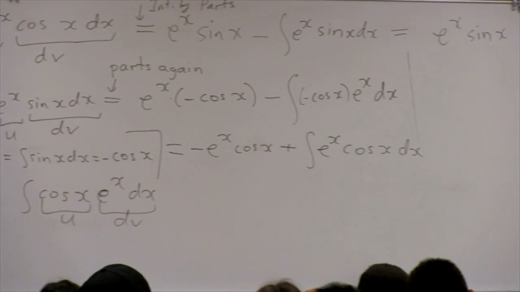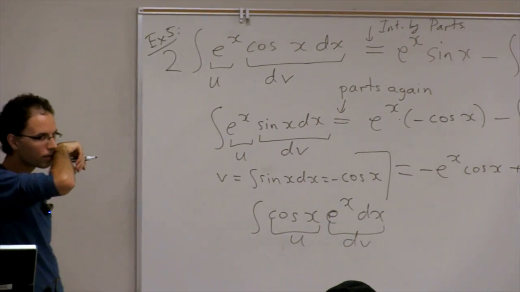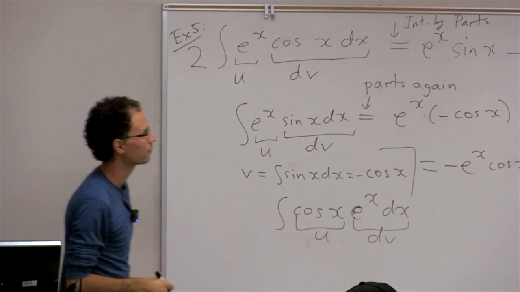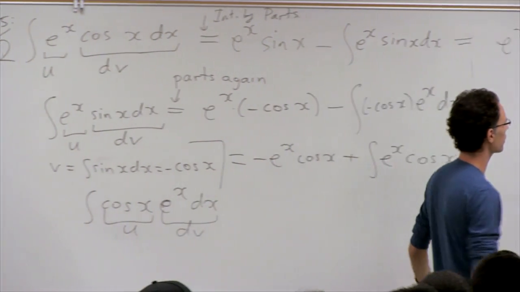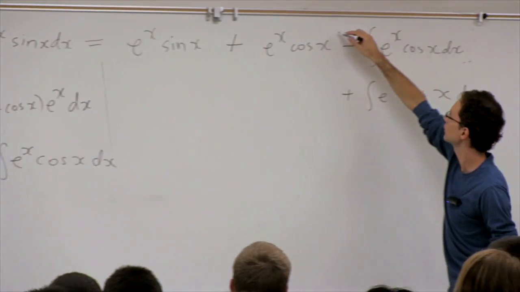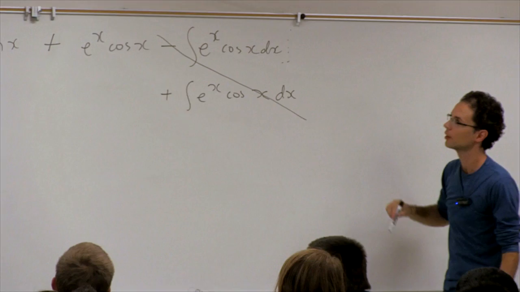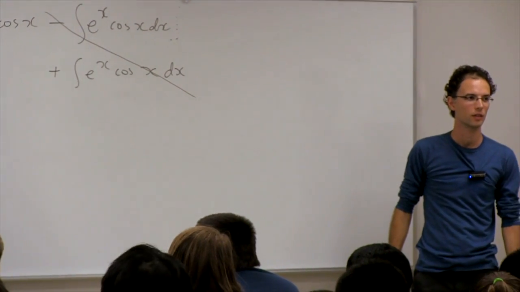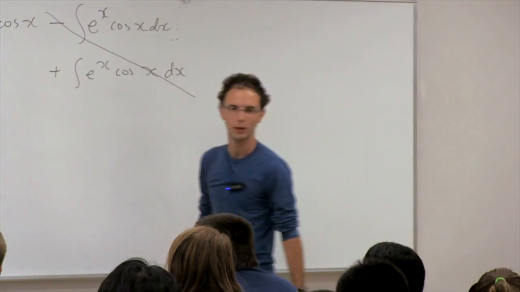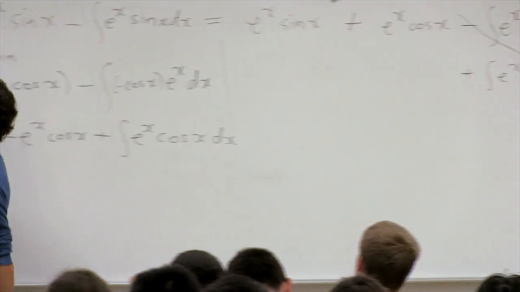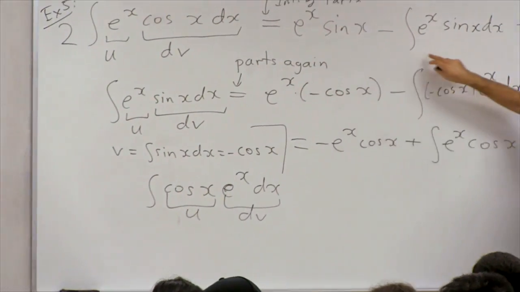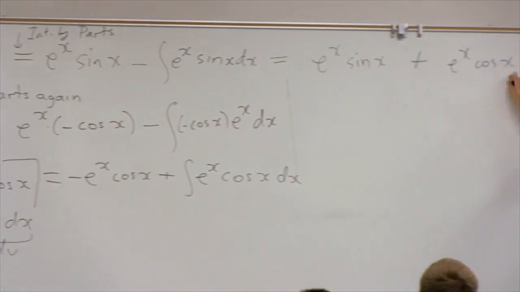We get twice. And look at the magic. Magic is this is 0. And there's your answer. Well, there's twice your answer, right? Twice the integral we started with is this quantity here.